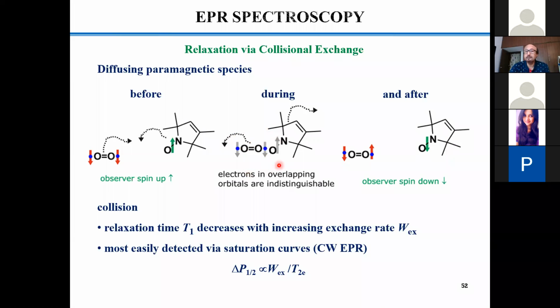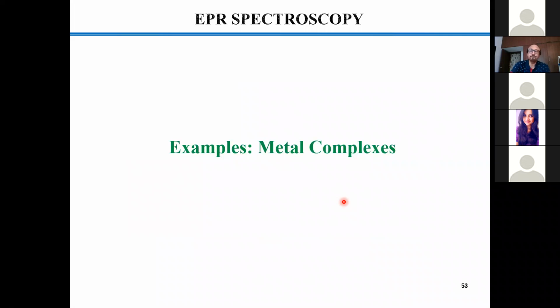But eventually it becomes S equal to 0, and you would end up with the doublet situation only. So you are moving from triplet to doublet. So EPR could follow this sequence of reactions.